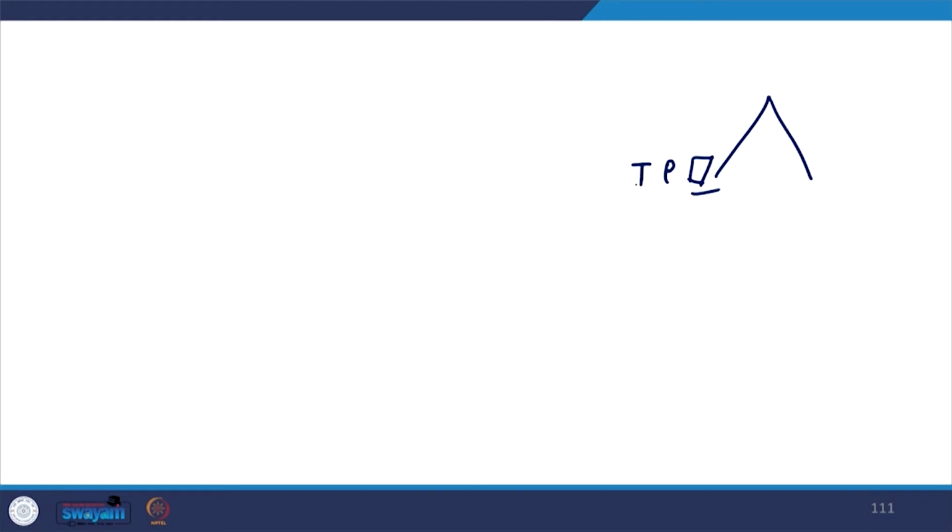Now, when this air parcel goes from this point to this point, if you write dP by dt, what are you trying to account? Let us say this ascent has taken 5 seconds. So, we are trying to account for the change in the pressure within a duration of 5 seconds.